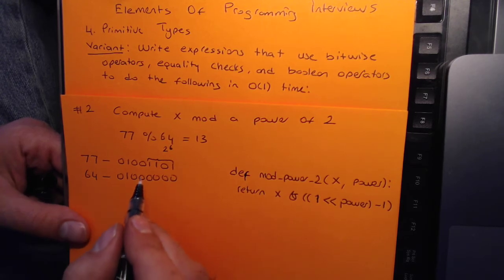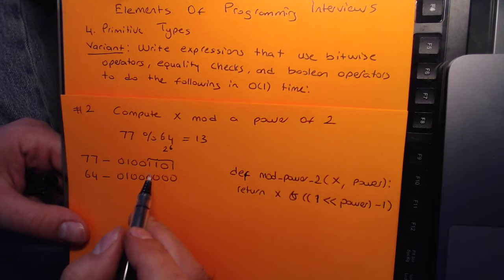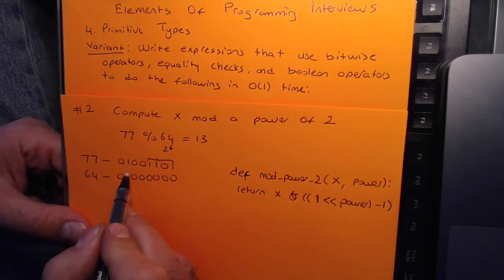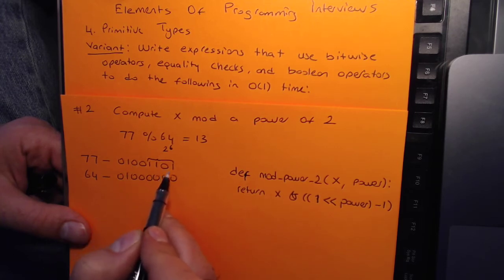One way that I can see that we can do it is by having a number where this seventh bit is 0 and the remaining bits on the right-hand side of it are 1.